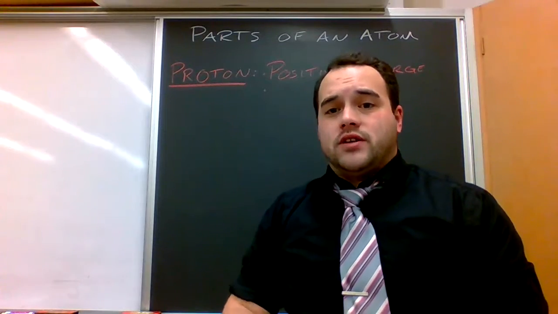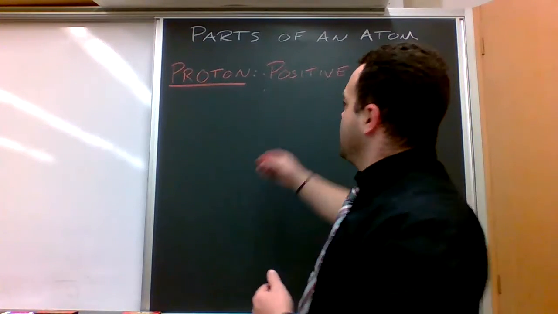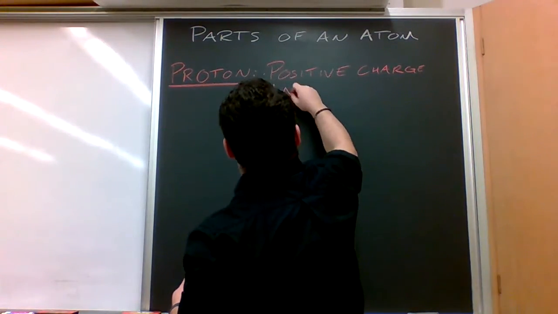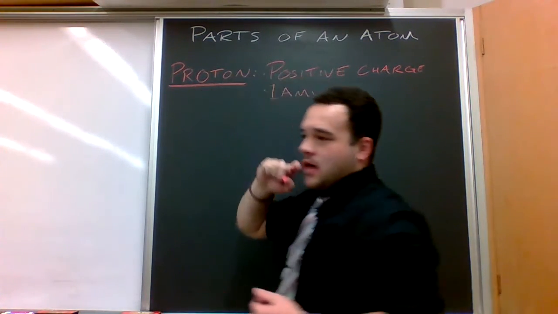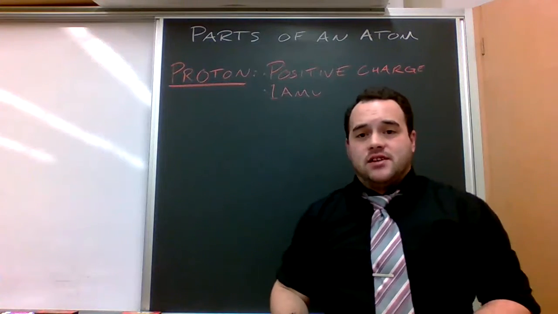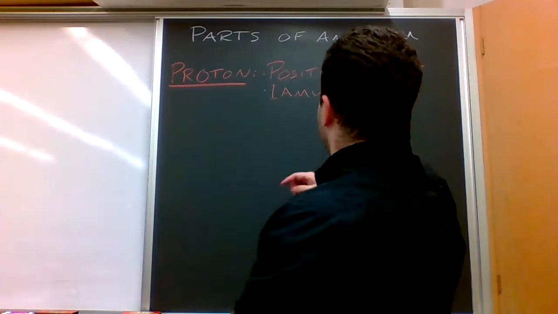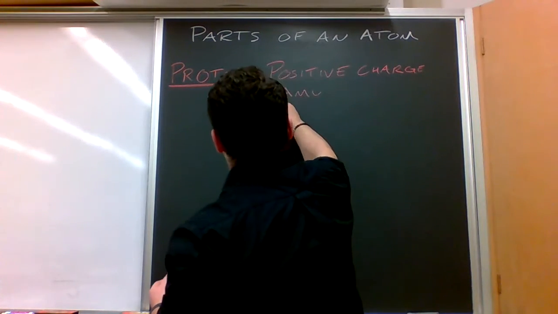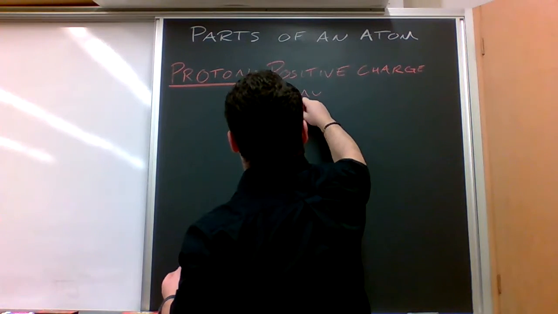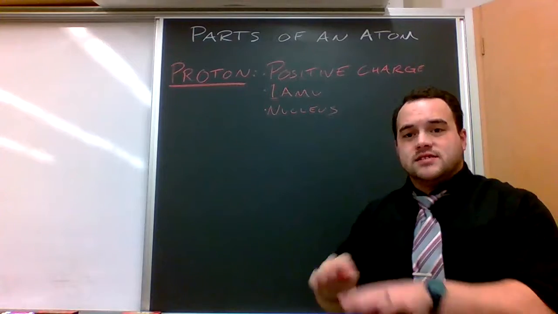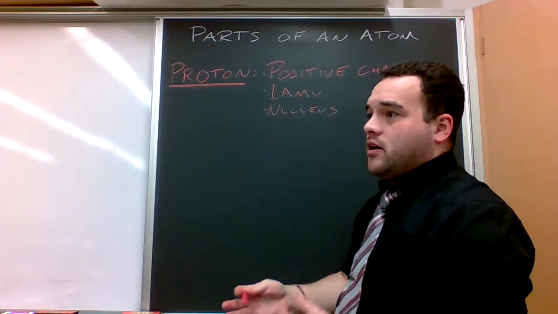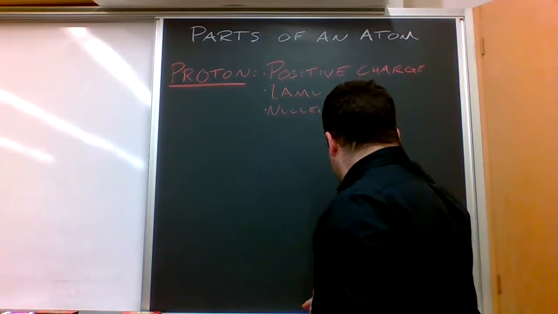AMU stands for atomic mass unit. And it helps make up the mass of the atom as a whole. And it is located in the nucleus. The nucleus is the center of the atom where all of the mass resides.